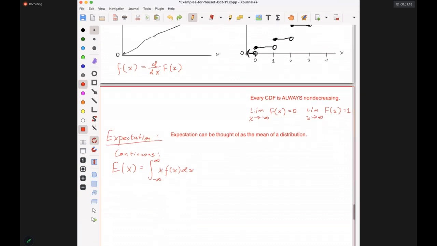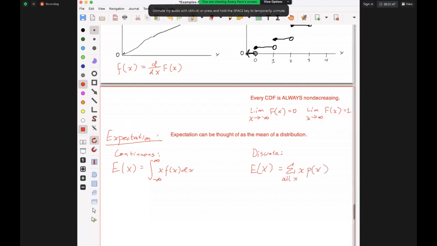For a discrete distribution, the expectation, very similarly, just that we're taking the sum instead of the integral. We're taking the sum over all values of x times the mass function evaluated at x.